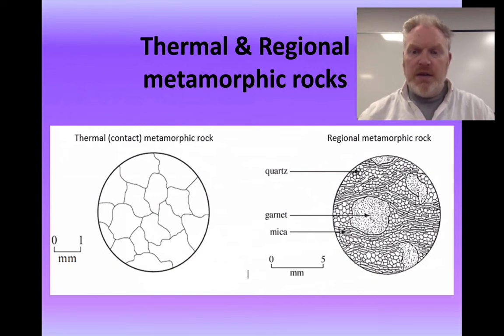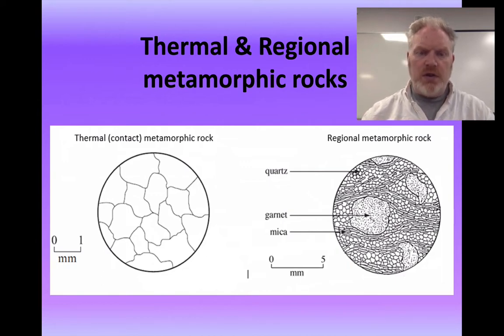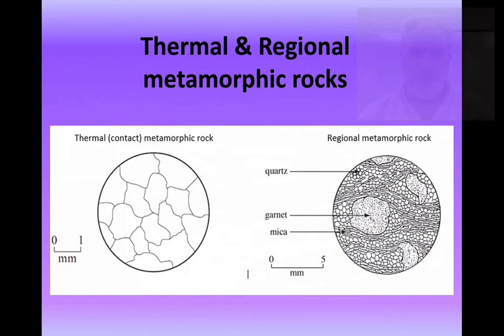On the right, a rock that's formed by regional metamorphism. What I'd like you to do is try and spot the difference between these. What do we notice in the texture of these two rocks that's different? Have a go at that now. See what you can come up with.